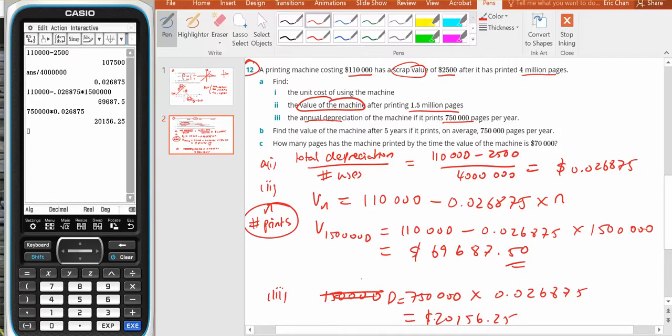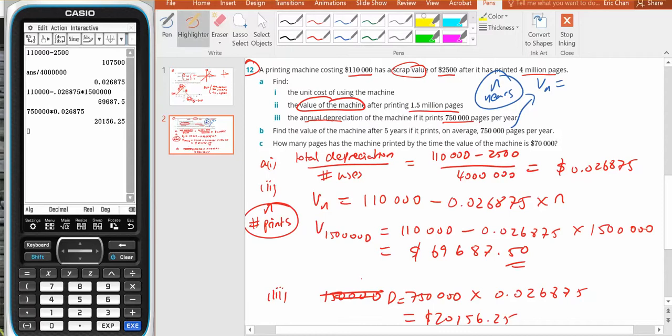Okay, the next part. Find the value of the machine after 5 years if it prints on average 750,000 per year. Again, we're trying to find the value. So for this part, you're going to write a recurrence relation. Vn equals the value, and n is now in years.